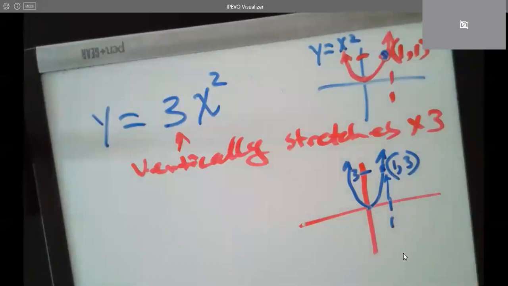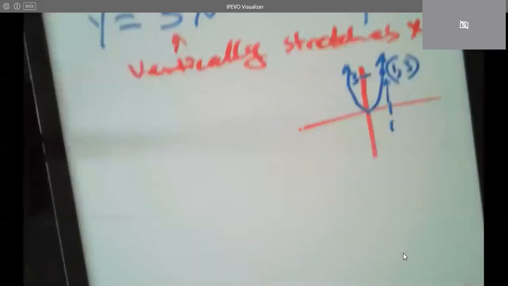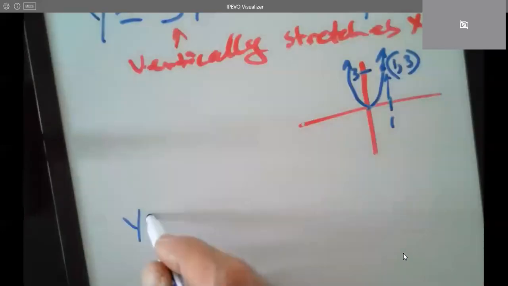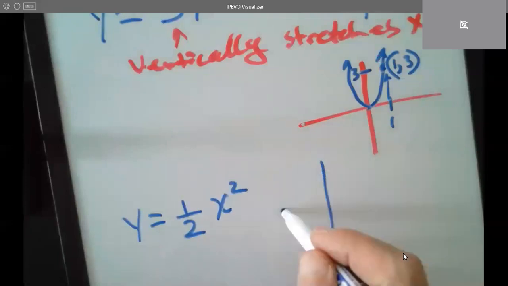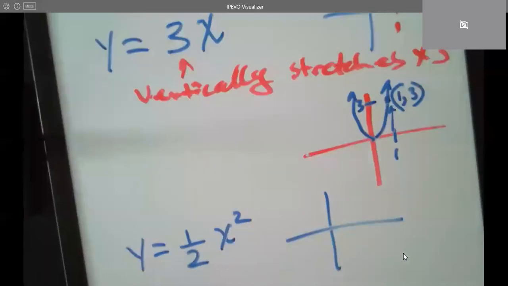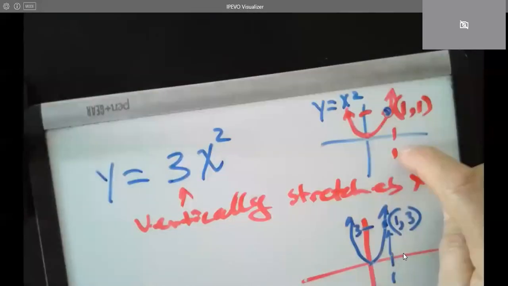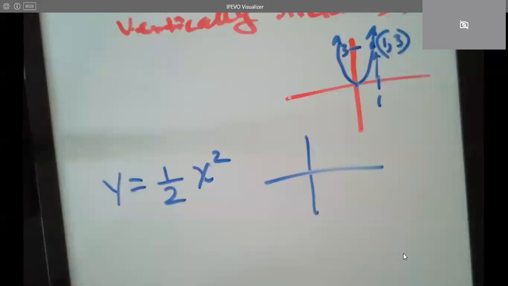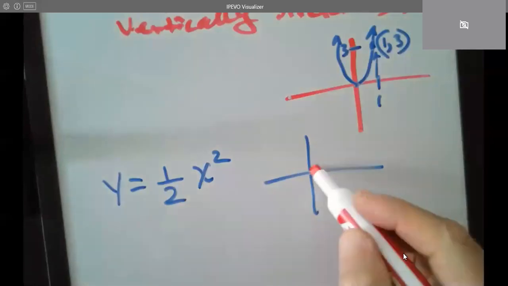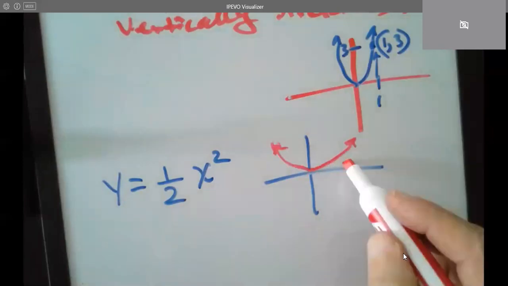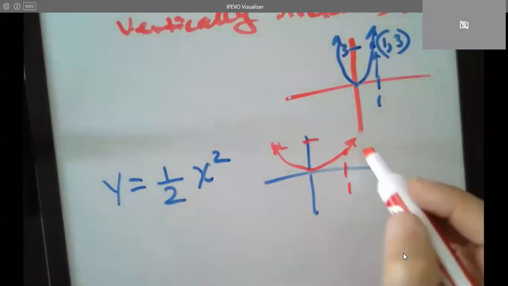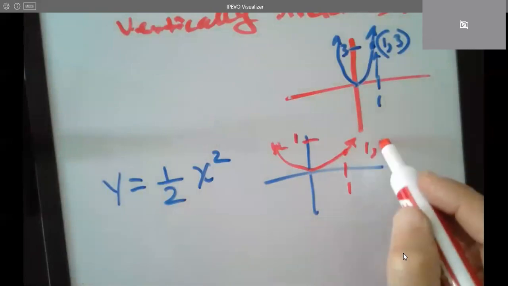So if we had y equals, let's say, 1/2 x squared, now, instead of being at 1, 1 when x is 1, it's going to widen out. It makes the graph wider. So now it's at 1, 1/2.